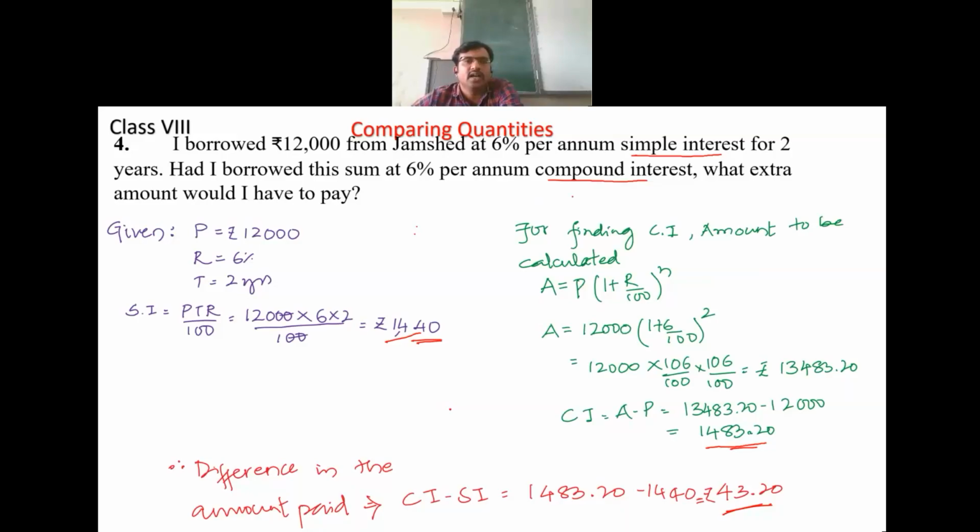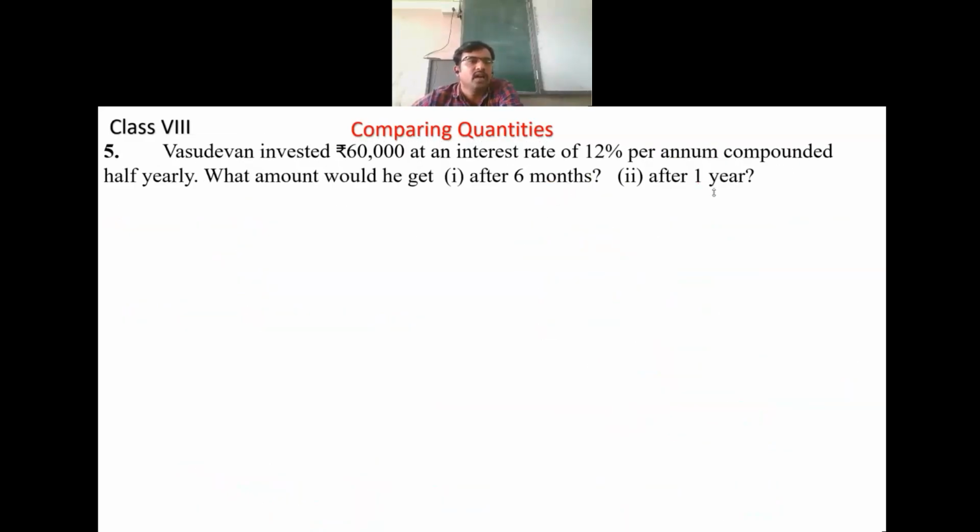It's fine. Okay. Question 5. It's a question related to compounding half yearly, so we should be careful. Vasudevan invested rupees 60,000 at an interest of 12% per annum, compounded half yearly.